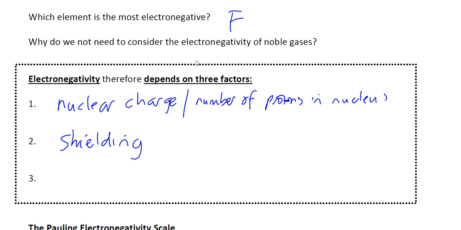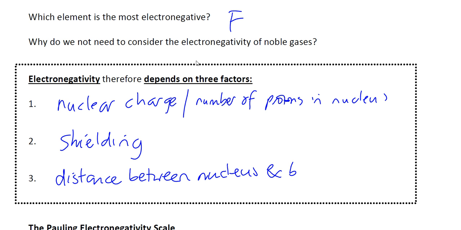Last one. Distance between nucleus and the bond pair. Okay, so it's like linked to atomic radius, isn't it? It's linked to where the electrons are, the number of shells.